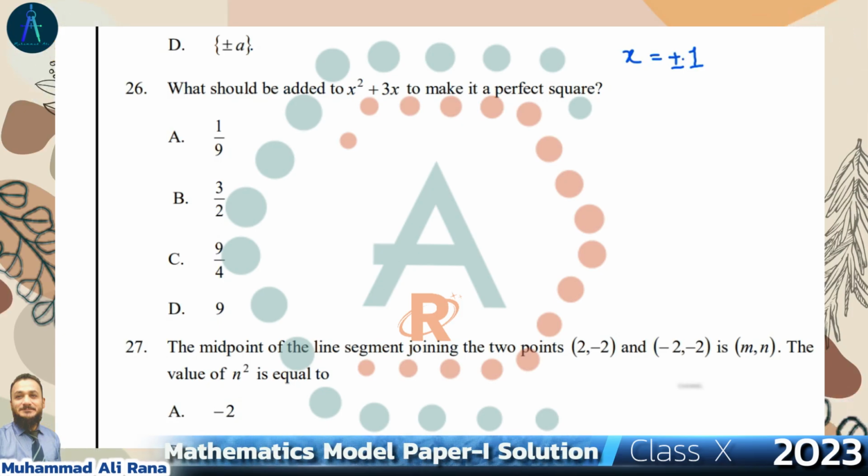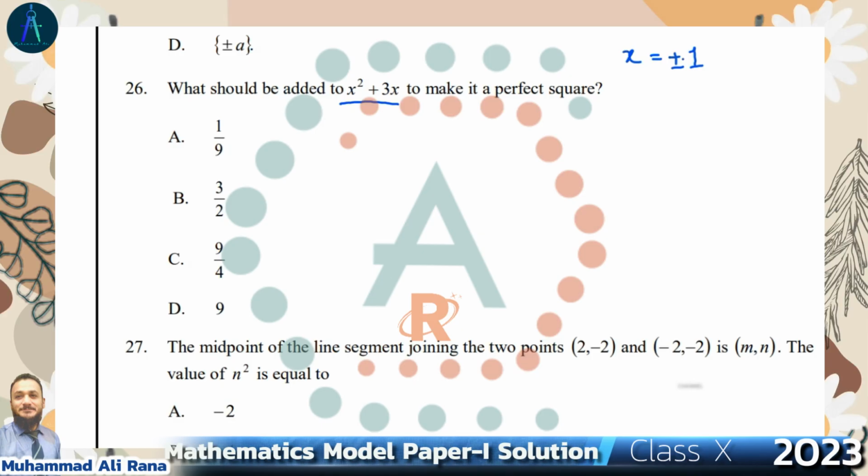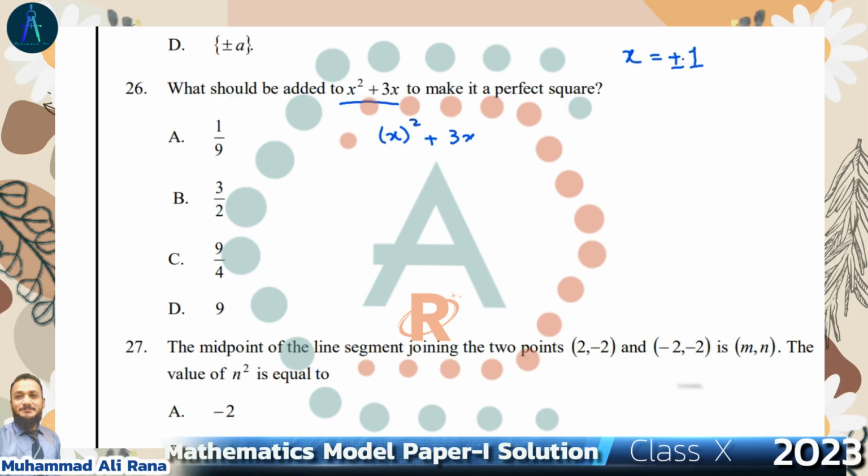What should be added to make the expression x square plus 3x a perfect square? So let's make it a perfect square. The first term is squared plus 3 into x. Here we can multiply by 2 and divide by 2 so that we can make 2ab.